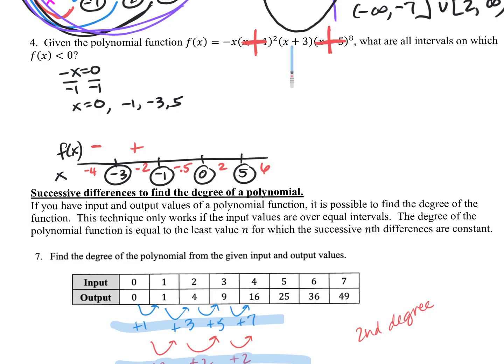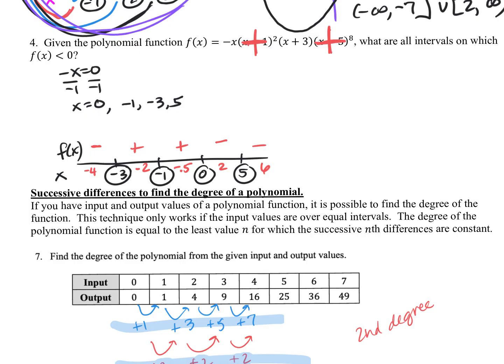Positive times a, careful, -0.5 times plus 3 would be a positive, so it's positive again. 2. Negative times a positive is a, beautiful, guys, you're crushing. 6. Negative times a negative is a, beautiful. Okay, guys, I'm so proud.